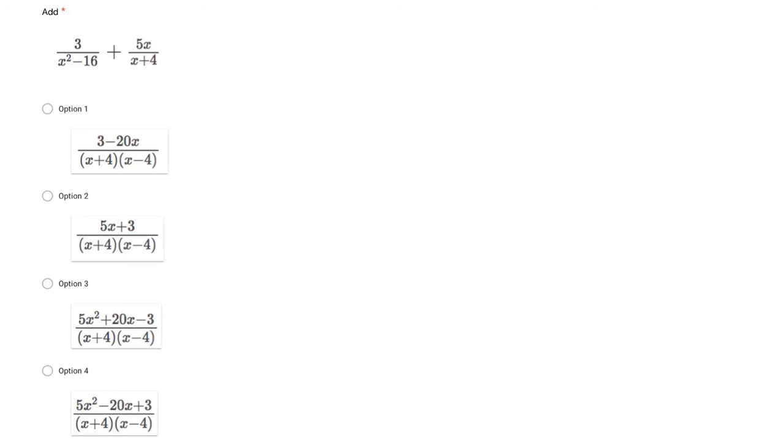So since the square root of 16 is 4, if I have x plus 4 times x minus 4, what happens is I end up with x times x, which is x squared, which we have. Then we end up with a negative 4x and a positive 4x, which cancel each other out. That's why you don't have a b value. Then we have 4 times negative 4 gives us the negative 16.